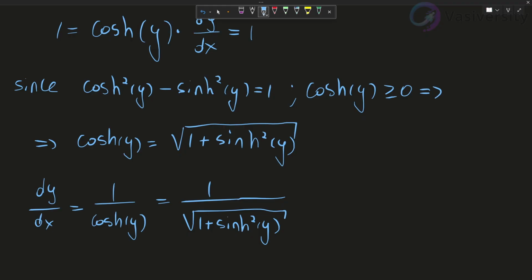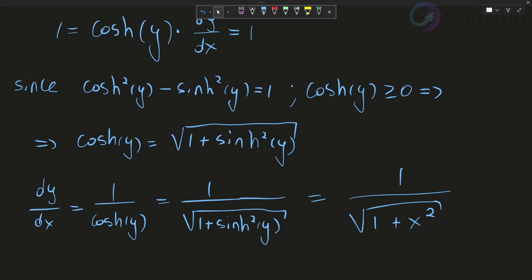So hyperbolic sine of an inverse is going to be just x. So that will end up being 1 over the square root of 1 plus x squared. Perfect. And I will leave the rest for you to try out.